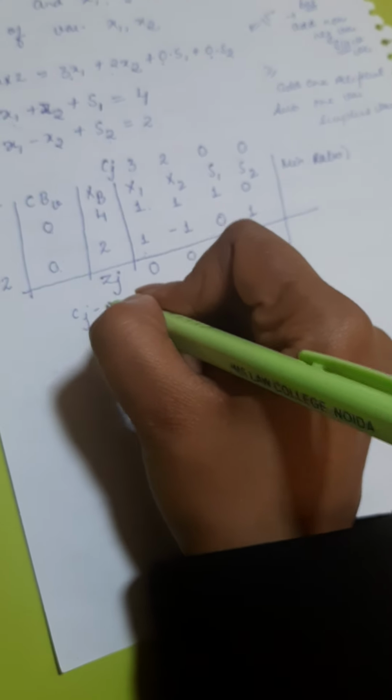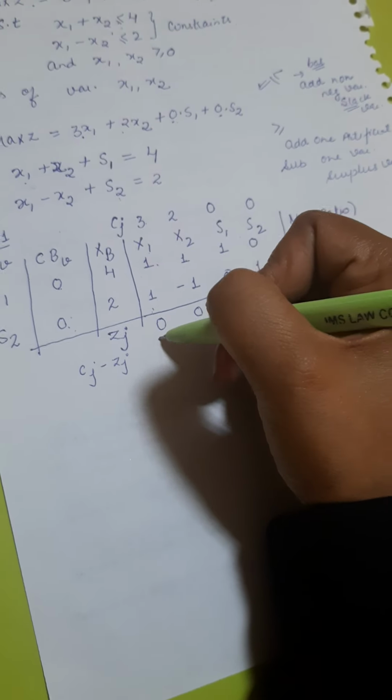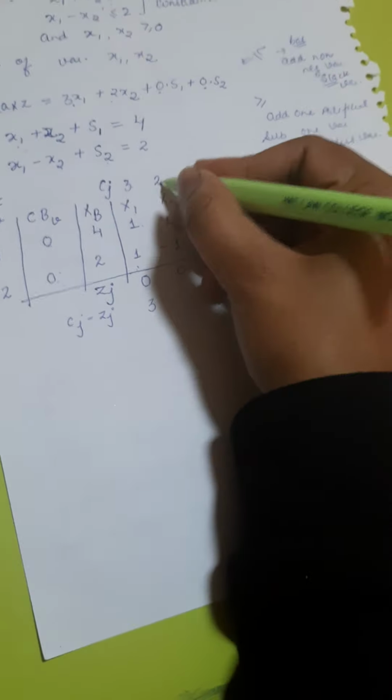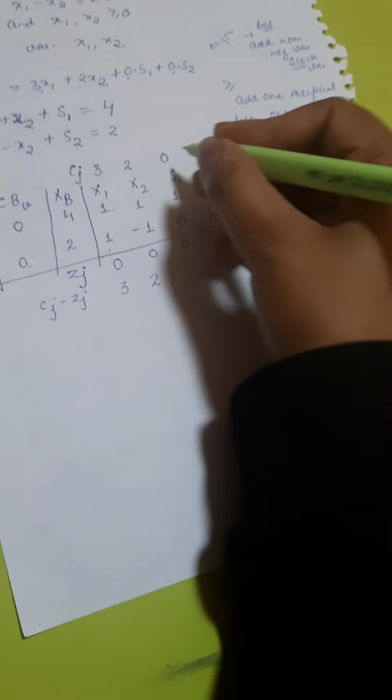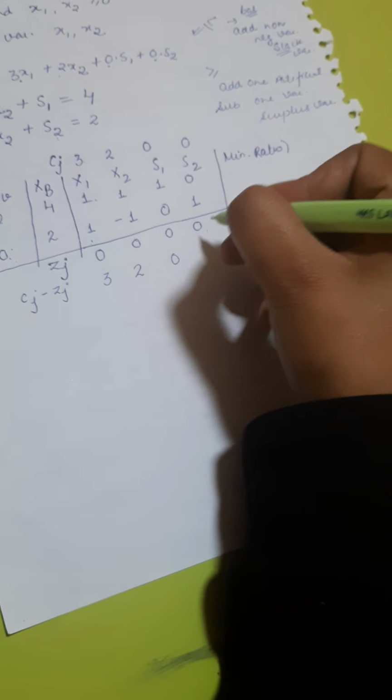The next is Cj minus Zj. So 3 minus 0 comes to 3, 2 minus 0, 2, 0 minus 0, 0, 0 minus 0, 0.